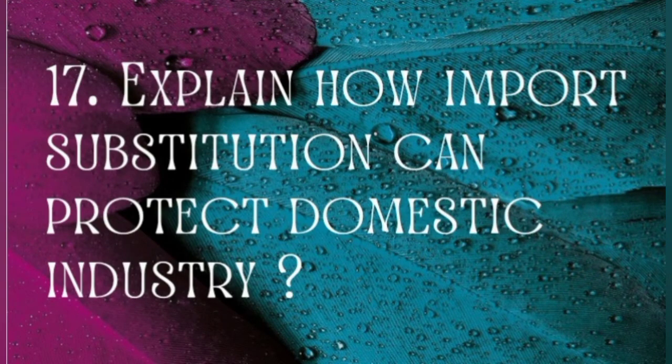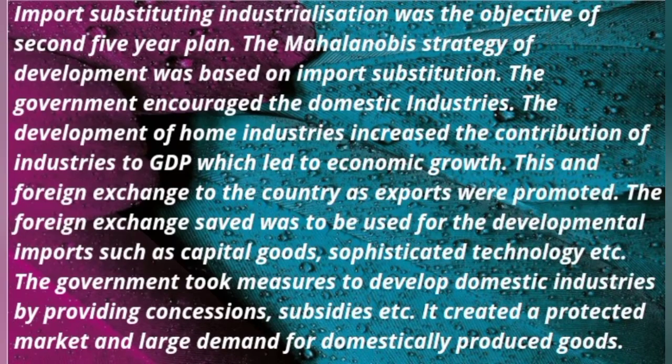17th question. Explain how import substitution can protect domestic industries. So import substitution means developing the domestic industry, so the production of goods and services within the country is enhanced and developed. Import substituting industrialization was the objective of the second 5-year plan.